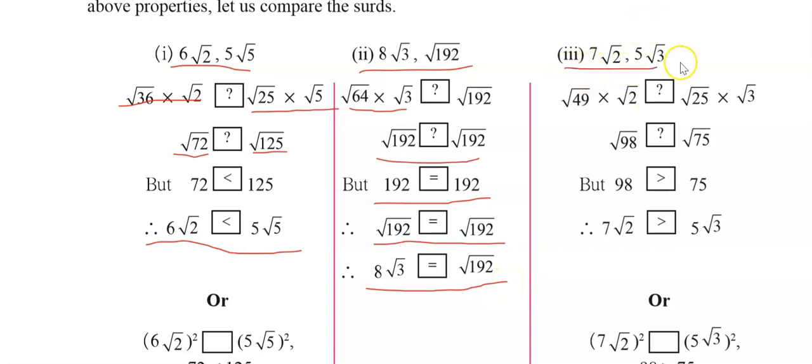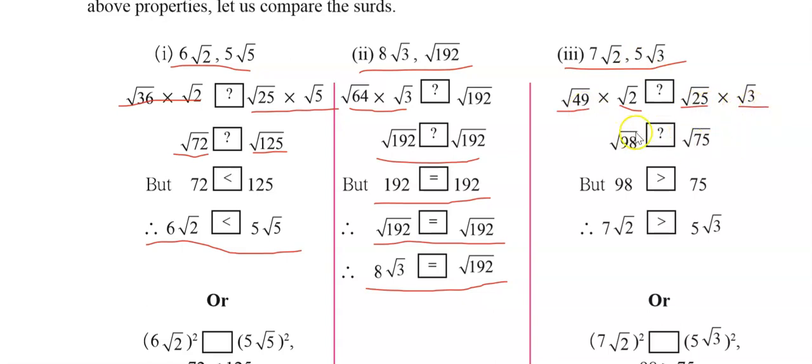Now the next is 7 root 2 and 5 root 3. To compare, again the order is the same and the radicands 2 and 3 are different. Therefore 7 can be written as root of 49, with root of 2 as it is. 5 can be written as root of 25 and here is root of 3.